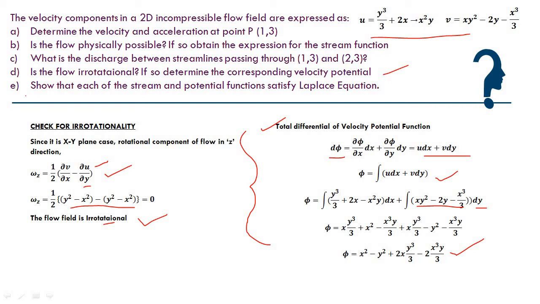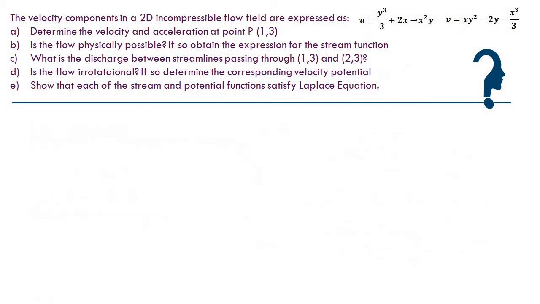The last part of the problem: show that each of the stream and potential functions, that means stream function and velocity potential function, satisfy the Laplace equation. Okay, so the Laplace equation we know. The Laplace equation for velocity potential function we had discussed in our theory session.